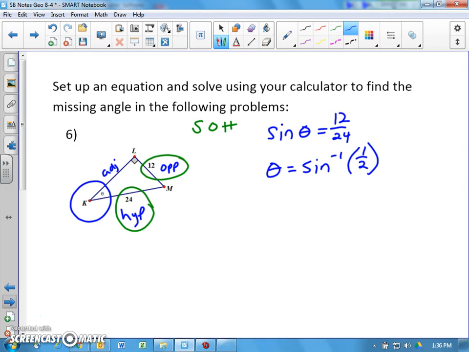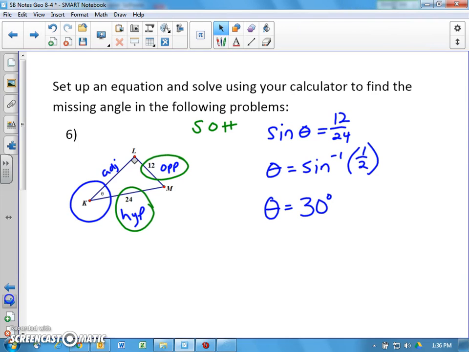Take your calculator and type this in and see what angle measure you get. Hopefully you got a 30 degree angle. Now in this particular case, notice that our hypotenuse is twice as long as our opposite side. That's our ratio for our 30, 60, 90 right triangle.